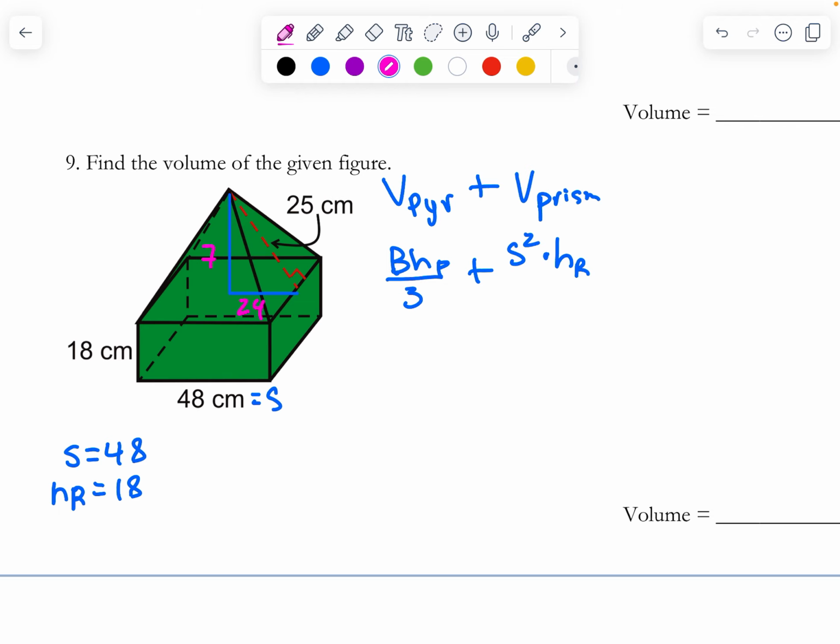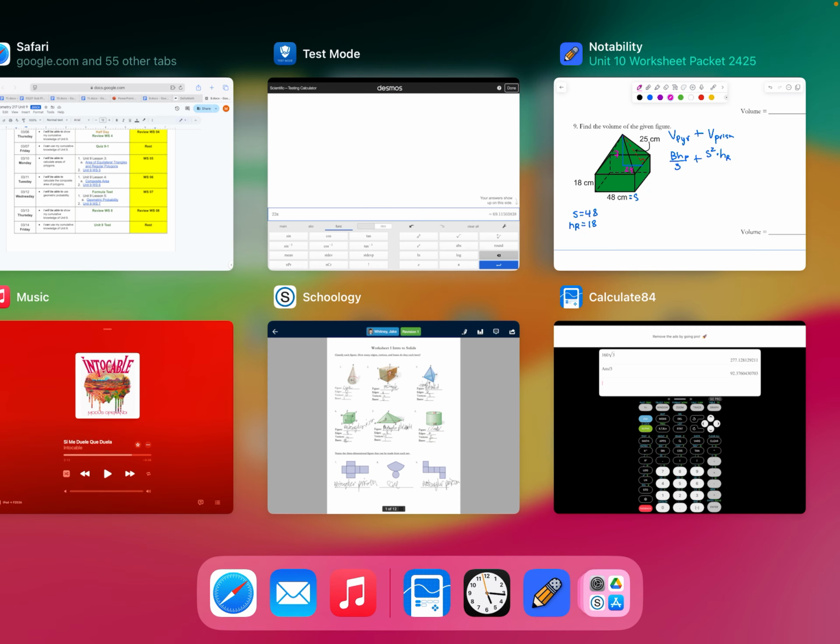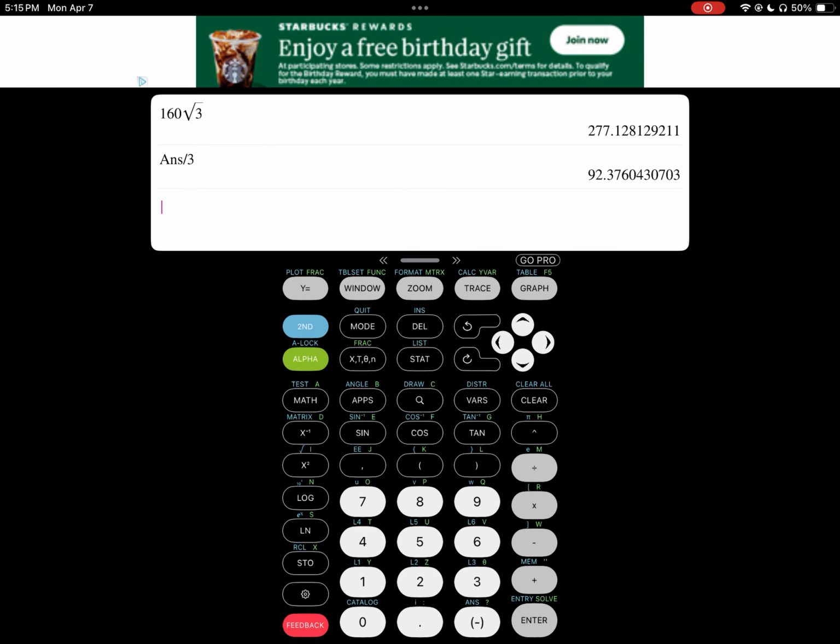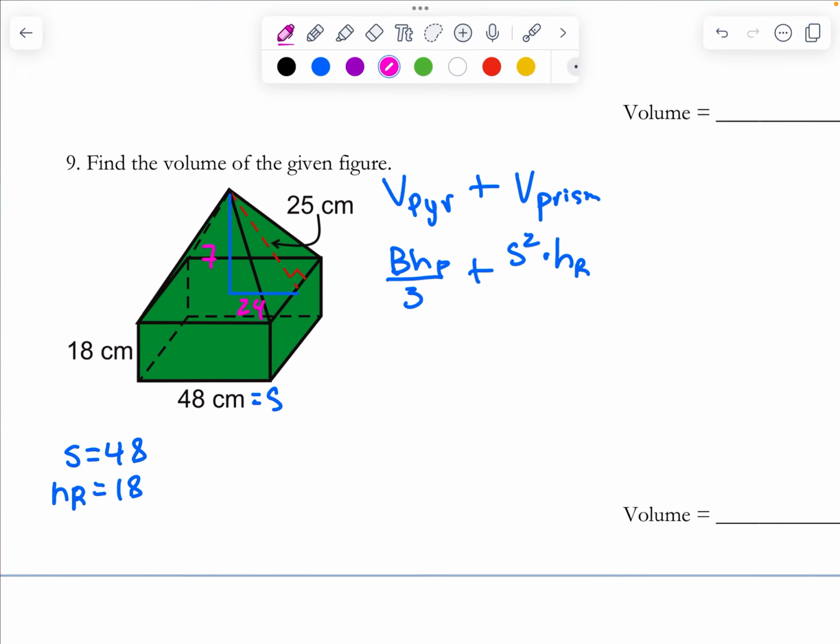So this is 7. And again, we can actually check this by doing 25 squared minus 24 squared. Oh, that didn't do it. 25 squared minus 24 squared. I always check them anyway. I get 49. Square root of 49 is 7. So I found the height of my pyramid, and this is 7.